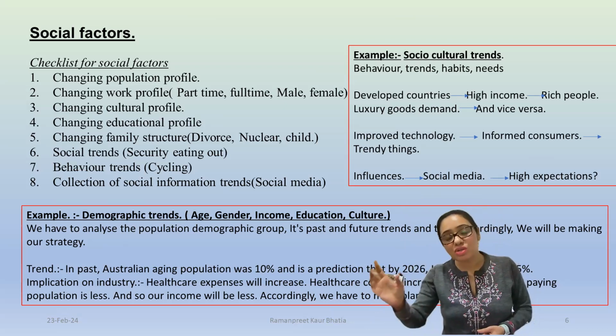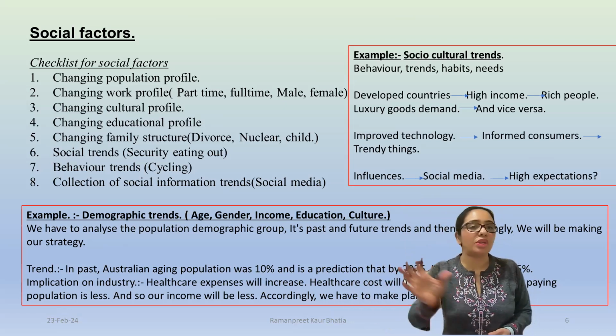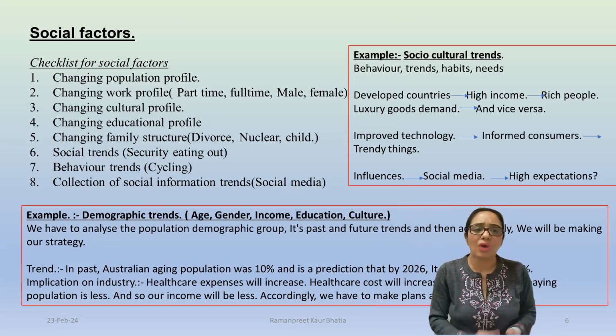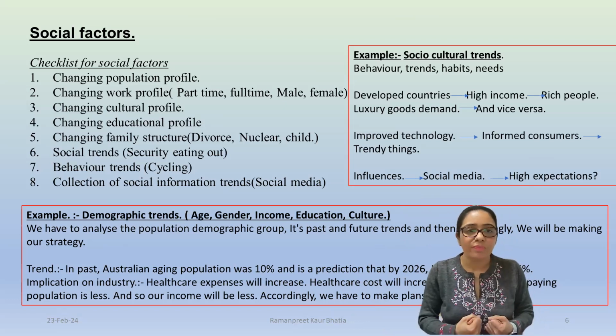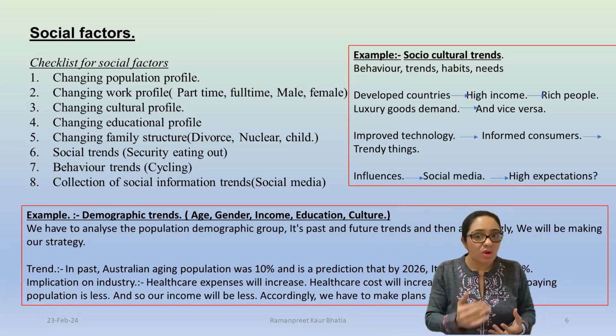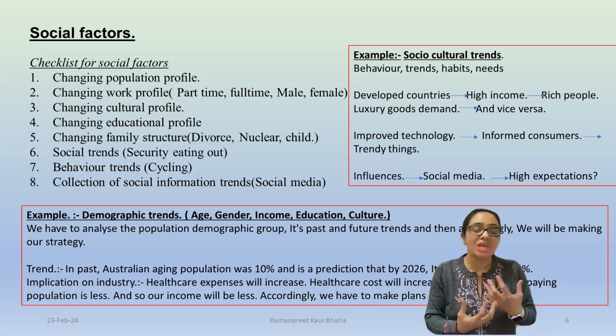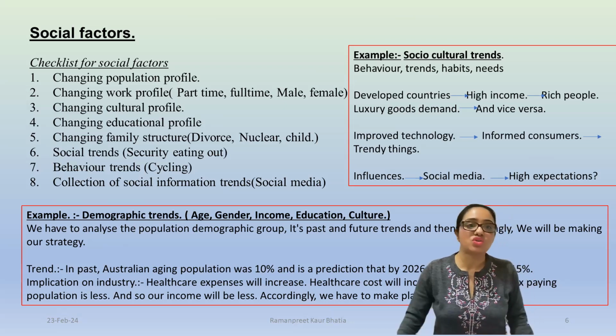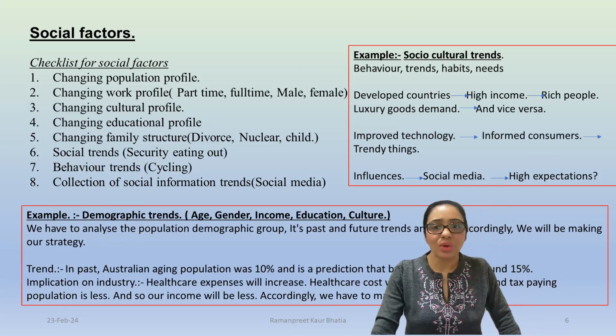And if most of my population is aging, that means the young population is very low as compared to the aging population. That means my working power is low. That means the tax paying people are fewer. So accordingly, I have to make a change in my strategy. That is why we need to consider the social factors, right?